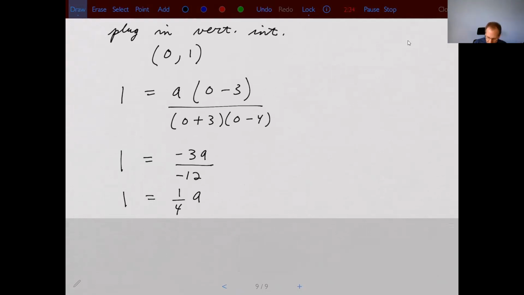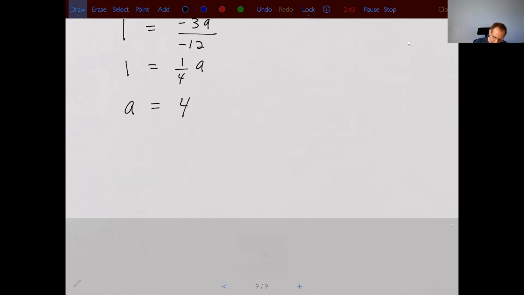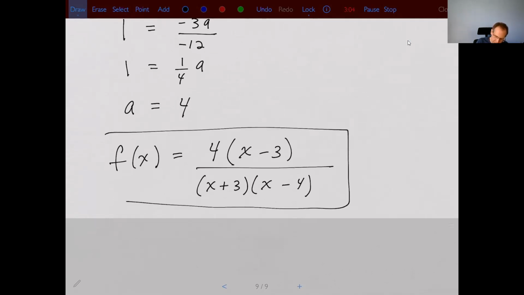And then if you multiply both sides by 4, we're going to have a is equal to 4. So the final answer is f of x is equal to 4 times x minus 3 over x plus 3 times x minus 4. So that would be the function, right? That's the actual equation of that graph.